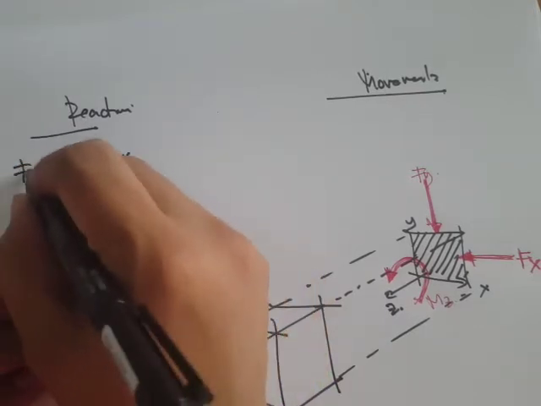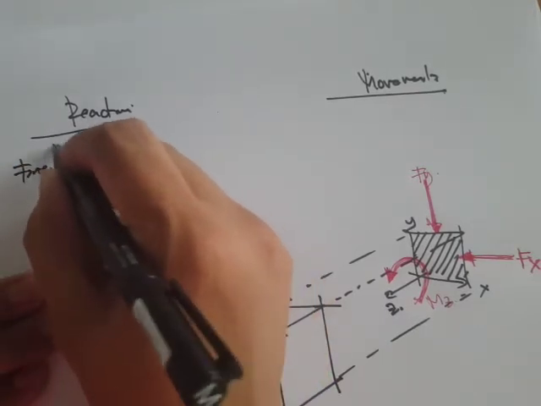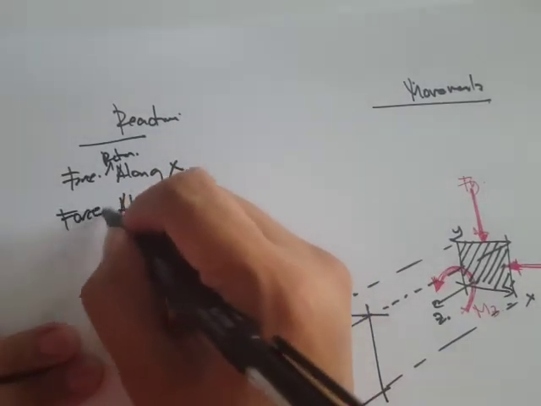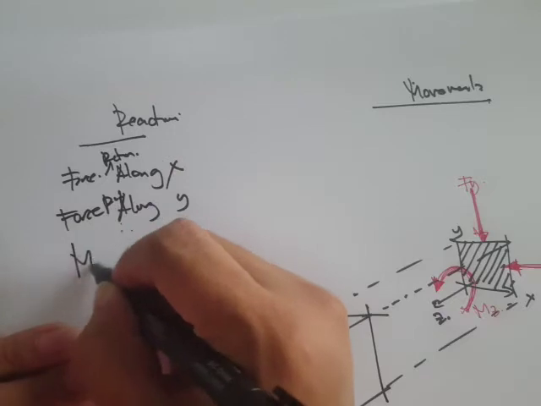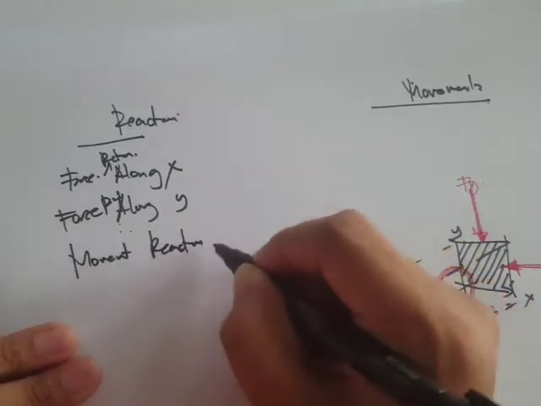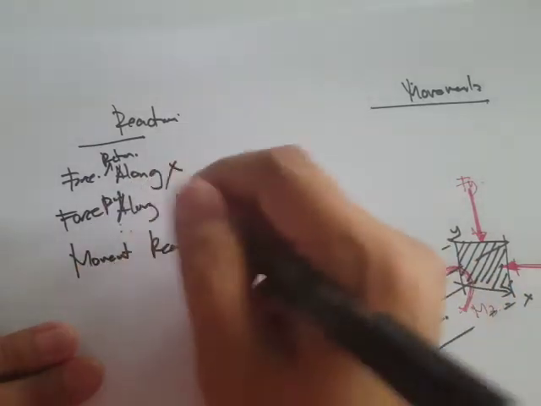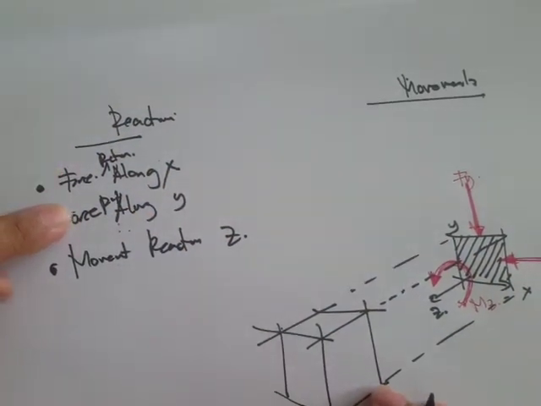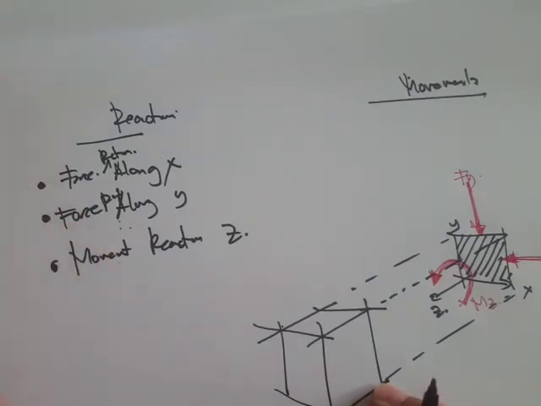So we'll just write down force reaction, and then moment reaction along the z-axis. Okay, so that's it. So force reaction along X, force reaction along Y, and then a moment reaction along Z.